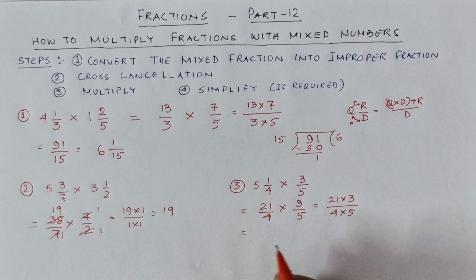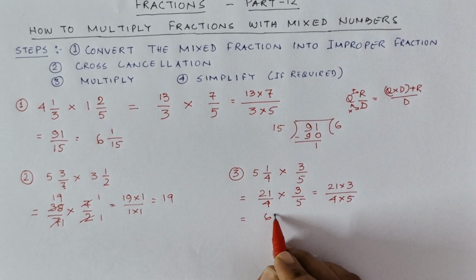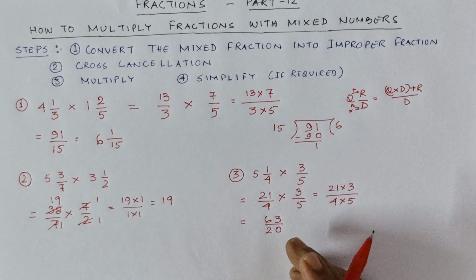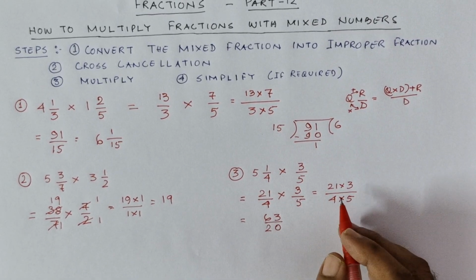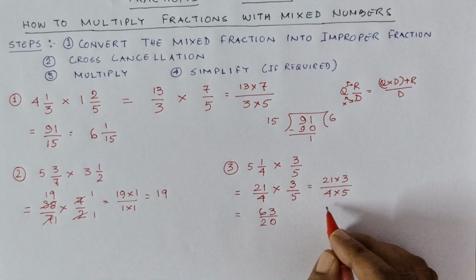So this becomes what? 63 divided by 20. Now again, just divide it.